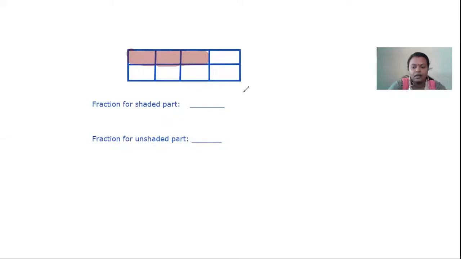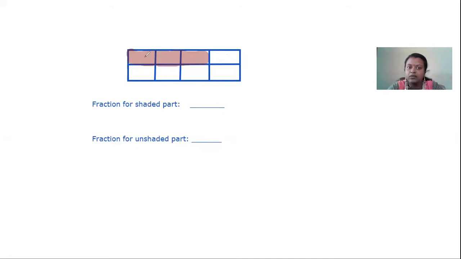Now, here I would like to explain the concept of numerator and denominator. Here we go. Here, there's a diagram that shows we have divided a rectangular block into equal parts, that is 8 equal parts. And out of them, I have shaded 3 parts. Let us find what fraction represents the shaded part.